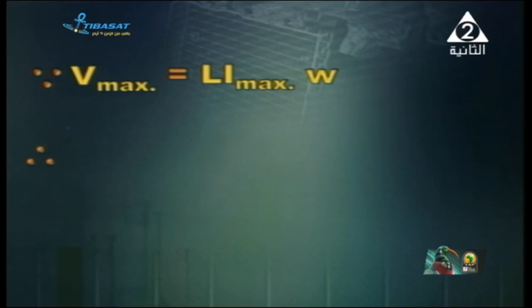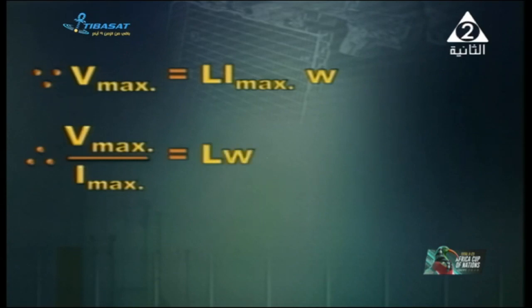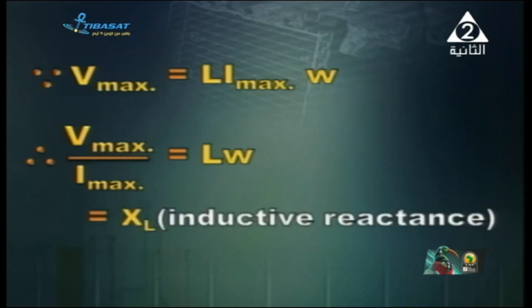So we can say V maximum over I maximum equals L omega. Voltage when divided by current gives what represents resistance. So it is equal to XL, inductive reactance. Inductive reactance XL is equal to omega L, and omega is equal to 2 pi F. So XL is equal to 2 pi FL.